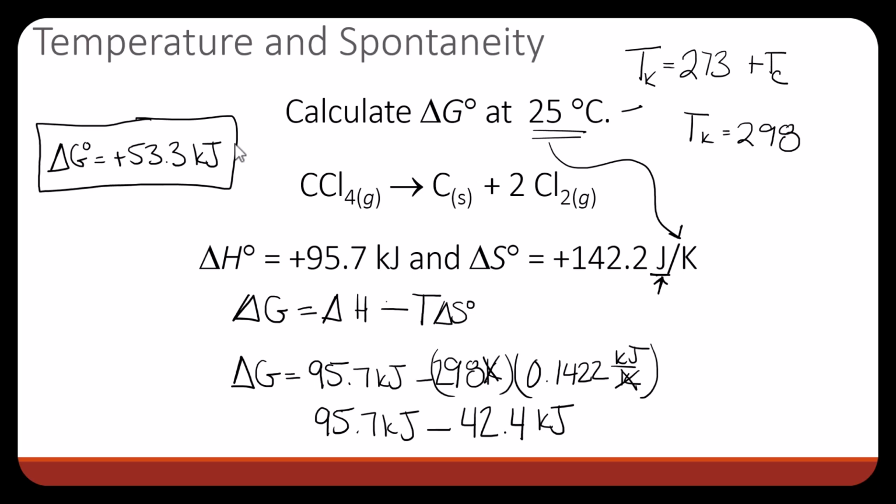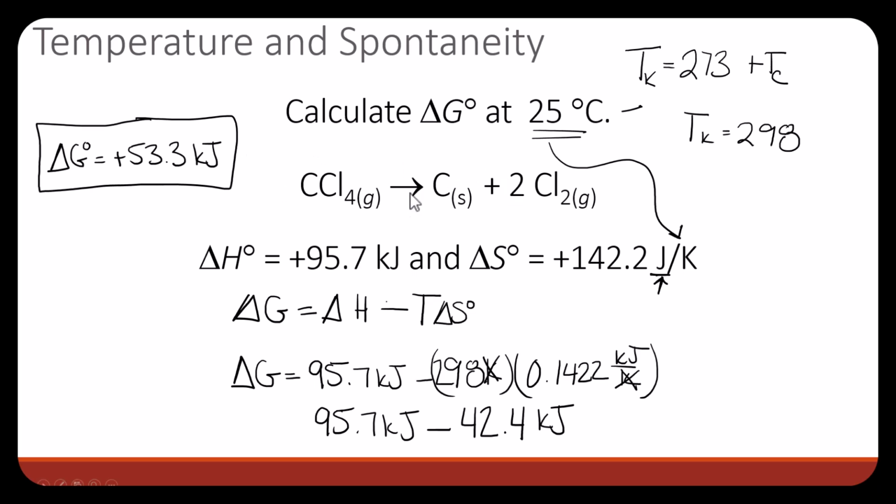Now, having a positive value for Gibbs free energy, is this going to be a spontaneous process or a non-spontaneous process? Yeah, positive delta G means we'd have to put energy into this reaction to make it happen. There's nothing freely given off. It's something we'd have to add to the system. So a positive value for Gibbs free energy means this is non-spontaneous.